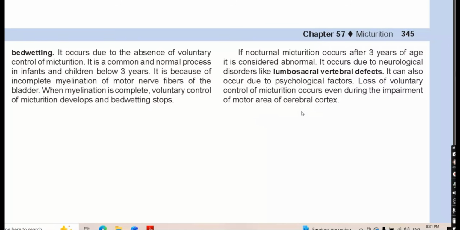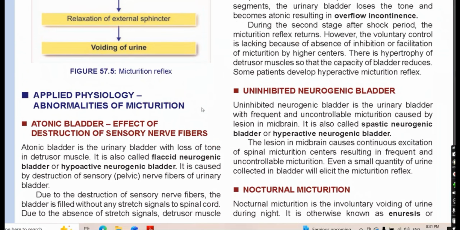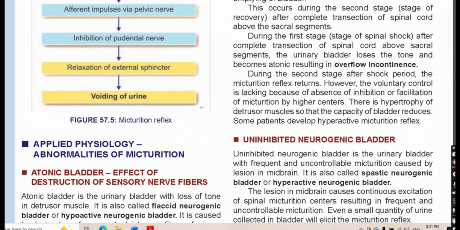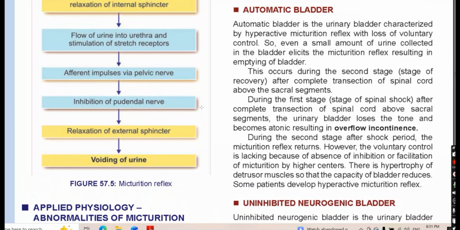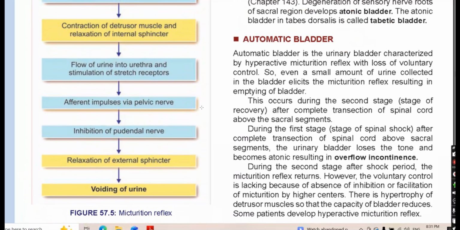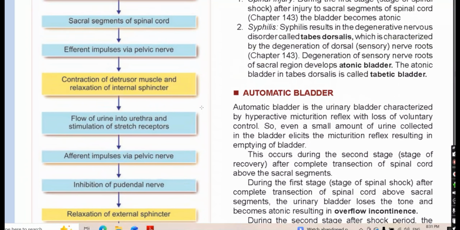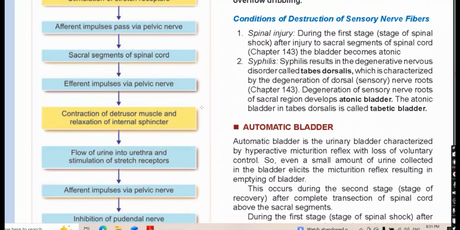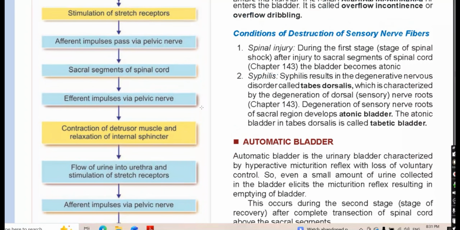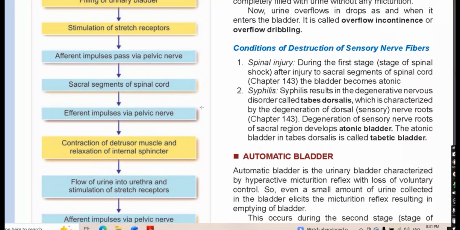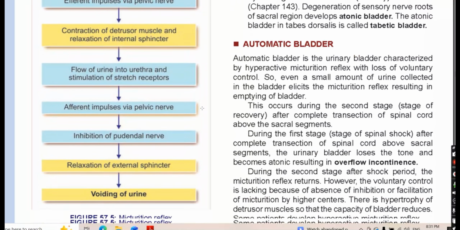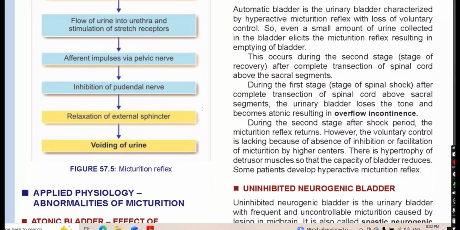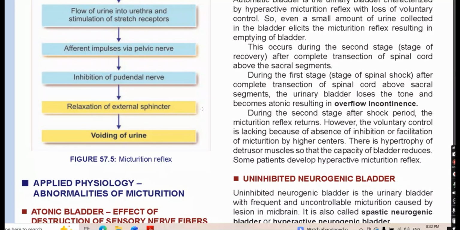So we complete the second part of the lectures, where we elaborately discussed the CMG process and micturition reflex process, specifically the causes of the micturition reflex and how it occurs, and the important diseases or disorders, like nocturnal micturition and the atonic bladder as the effect of destruction of sensory nerve fibers.